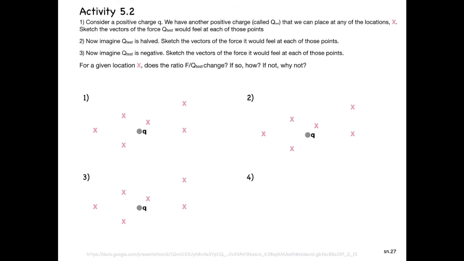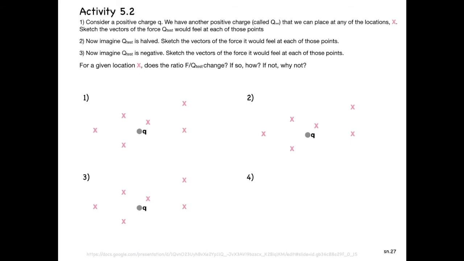And the first question asks you to consider what would happen if you put a positive test charge, Q sub test, at each one of these 5 points, and to draw the vector that represents the force it would feel due to this positive charge here. Okay, so you'll have some vectors drawn at each of these 5 points.